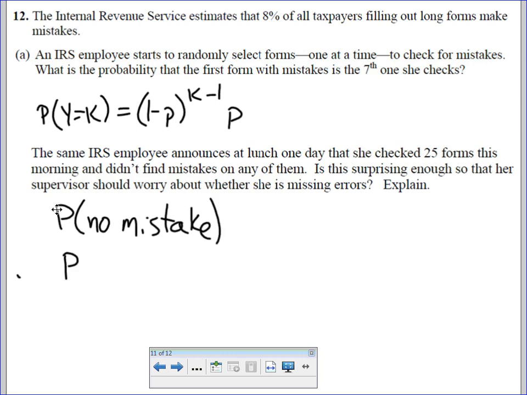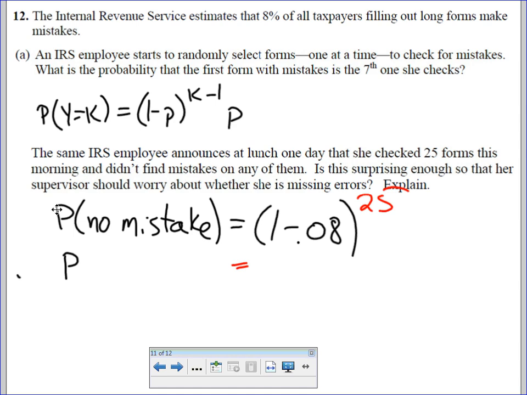Well, that's going to be equal to 1 minus 0.08. But it didn't happen once, and we're assuming independence here. It's going to be 1 minus 0.08 to the 25th power.